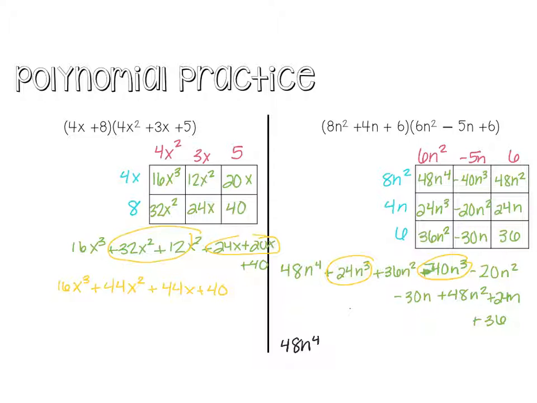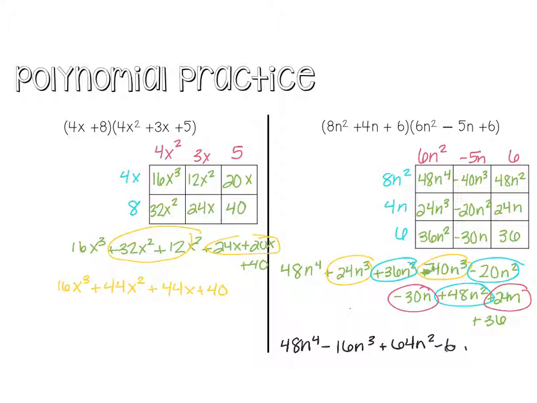The n cubed that I can combine will be 24 and negative 40. So that ends up being negative 16n cubed. I can combine 36n squared, negative 20n squared, and positive 48. And that leaves me with positive 64n squared. I can combine negative 30n and positive 24n, which is negative 6n plus 36.